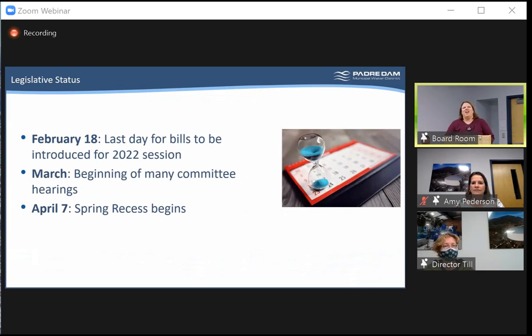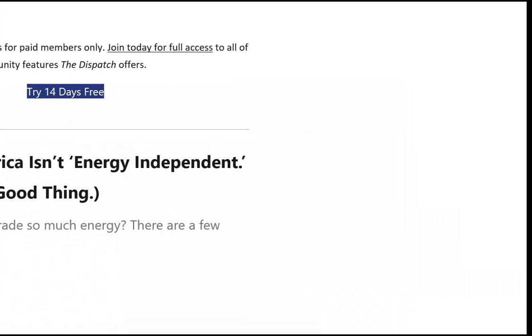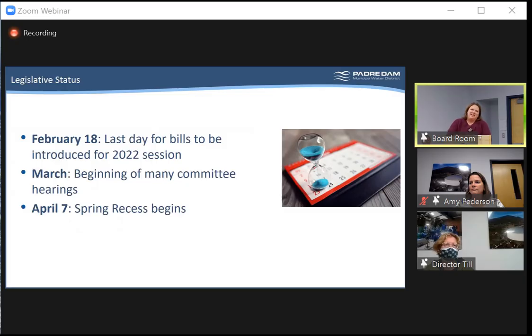Perfect. So a quick update on where we are on the legislative session. The last day for bills to be introduced for the 2022 session was February 18th. So what that means is that we will have no new bills. However, as we all know, the existing bills can be changed to something completely new. So we're in a really exciting time. March is the beginning of many committee hearings.